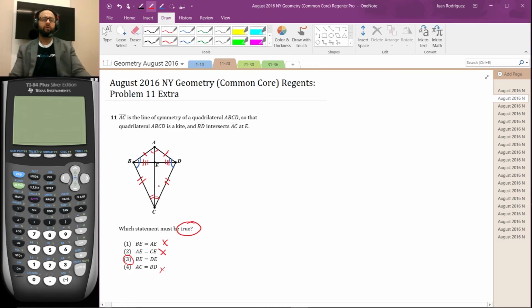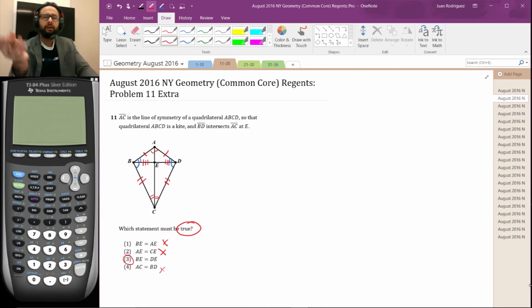So those are the statements that can be made about congruence, just by the symmetry relation. So in this situation, BE equals DE is one of the choices. That's what could be said. All the other congruence statements that we just made can also be said about sides and angles.